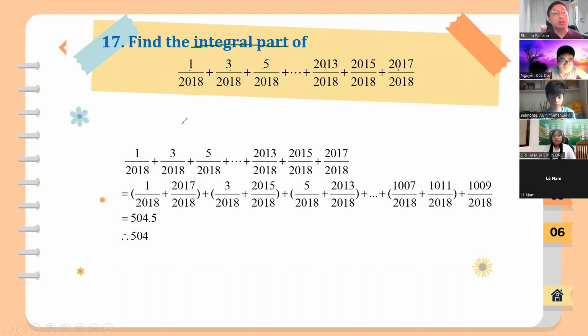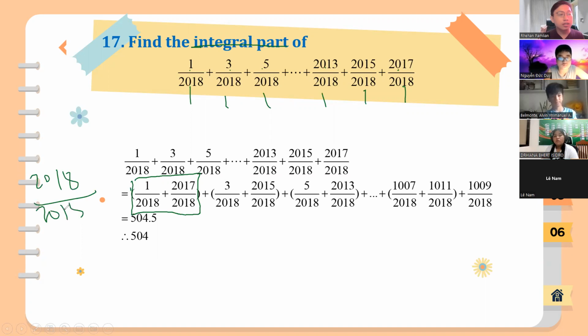But remember, if we try to group them this way, first and then last, then second and second to the last, third and third to the last, you would get 1 over 2018 plus 2017 over 2018, which is 2018 over 2018. So 2018 over 2018 is basically 1.